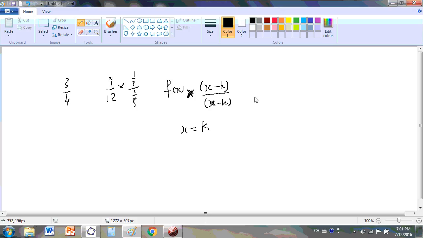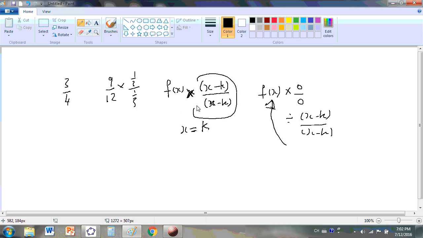Well, would you, in your right mind, multiply that by 0 over 0? Of course not. So naturally, when you divide by x minus k over x minus k, you get back to the irreducible form, which is f of x. So there is no contradiction here, but mainstream idiots have used this little trick to confuse and obfuscate matters, and to try and tell students that the calculus was made rigorous.